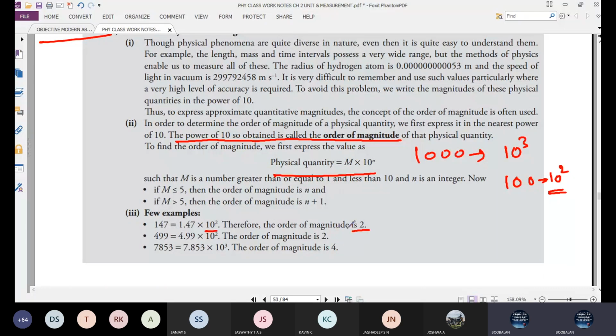The power value alone we want to take. The order of magnitude is 2. 4.99 into 10 power 2, this is 10 power 3. This is also 3 only.